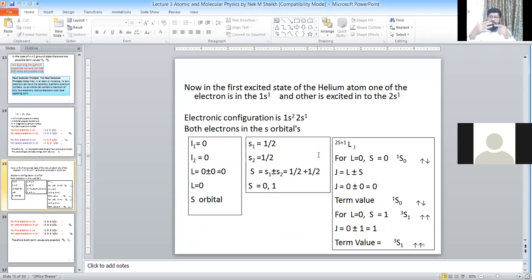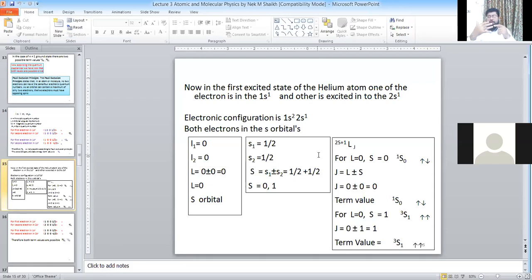Now, if the electron is in the s orbital in the n equal to 2 state, and the lower one is in the s orbital, again it is the SS combination. The SS combination is similar to the S2 combination. It means what I told you in the last lecture: the LS coupling and its term value do not depend upon the n value or principal quantum number.